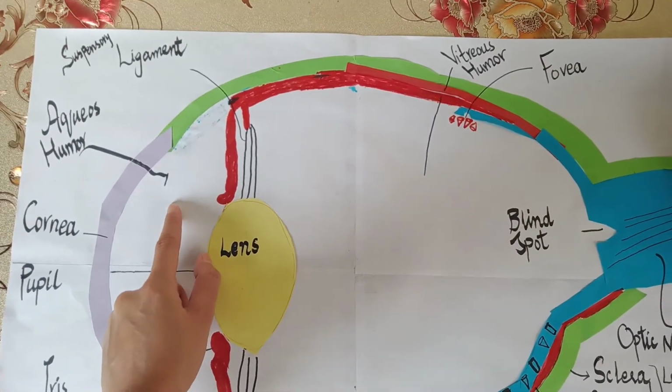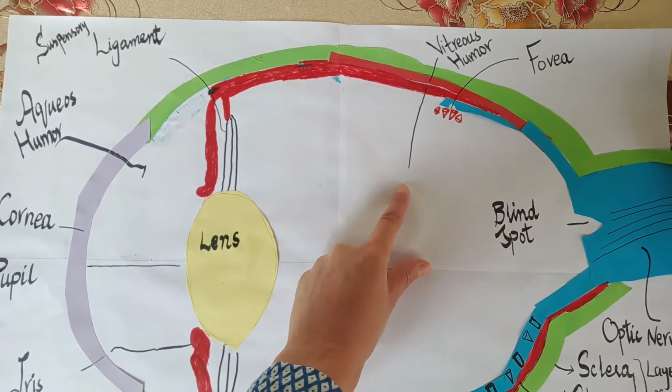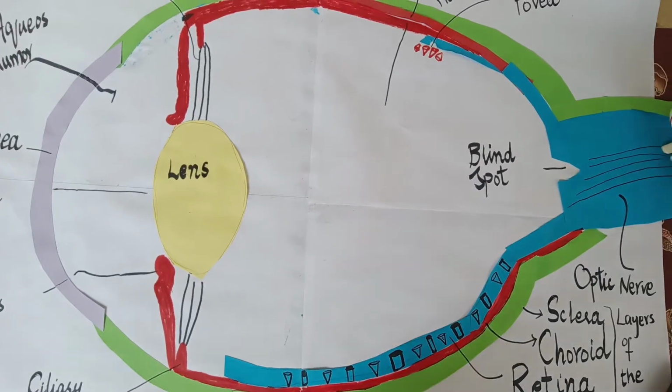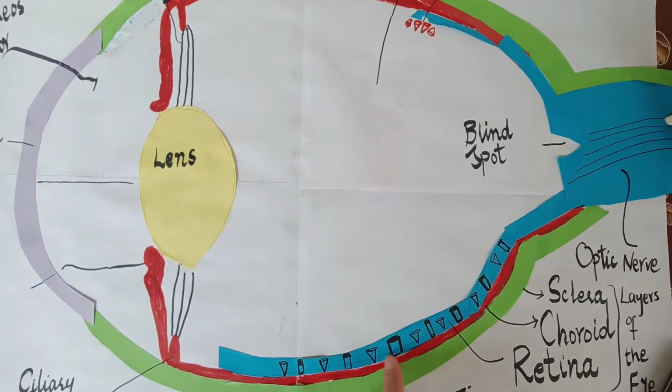Aqueous humor was fluid-like and vitreous humor was jelly-like. The lens also focuses the light on the retina.